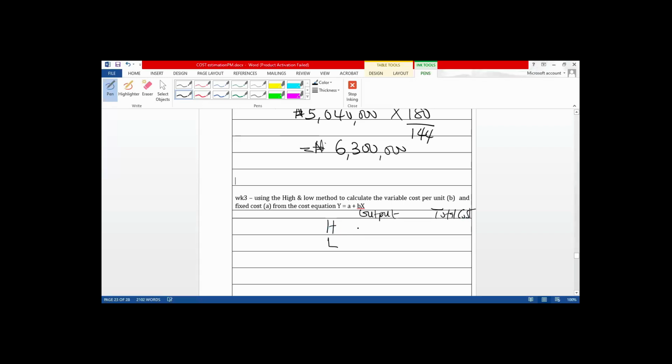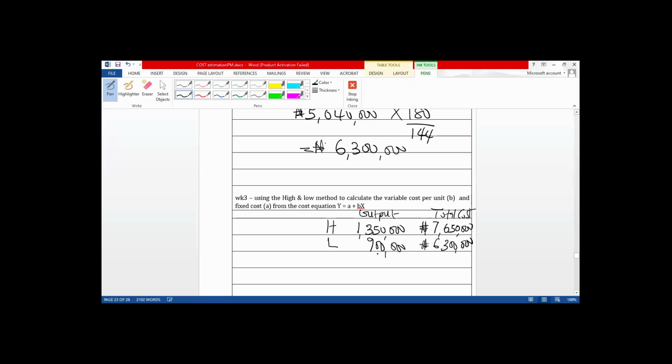At the highest level, production was 1,350,000. At this level, total cost as adjusted is 7,650,000. At the lowest level, production was 900,000. Adjusted total cost is 6.3 million.